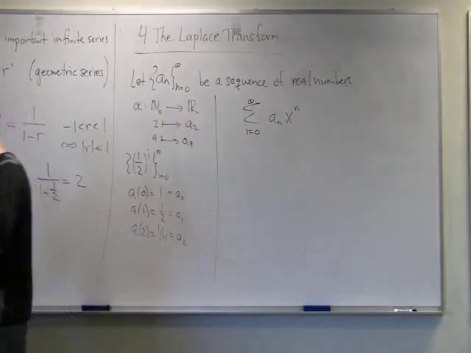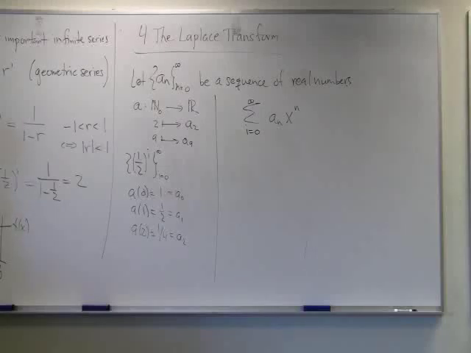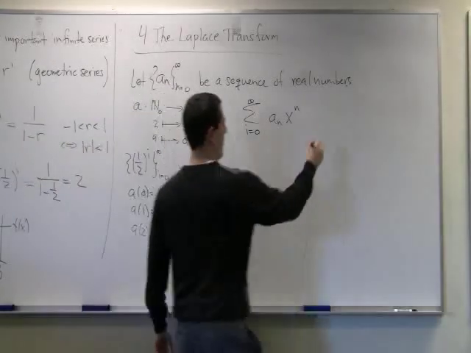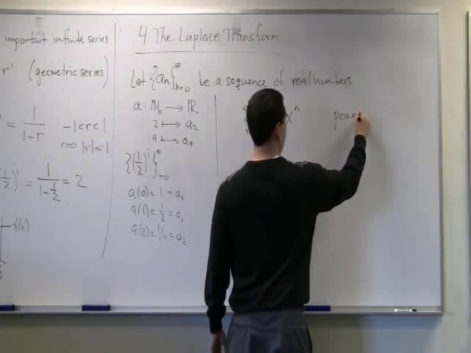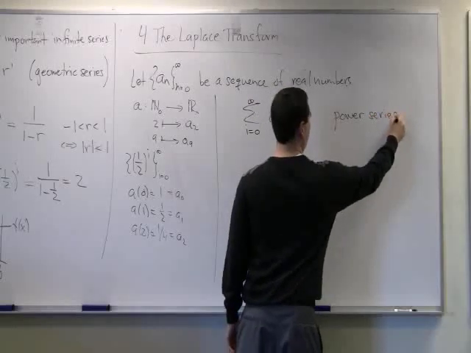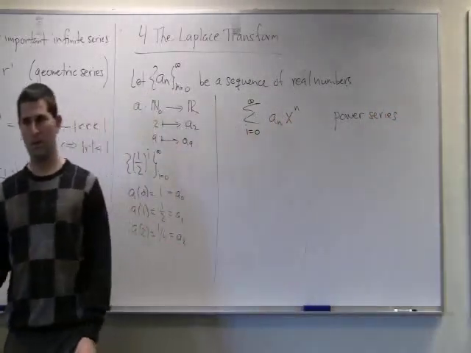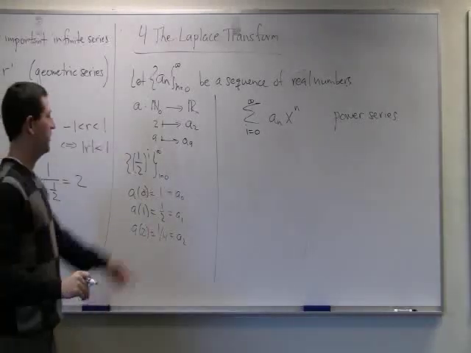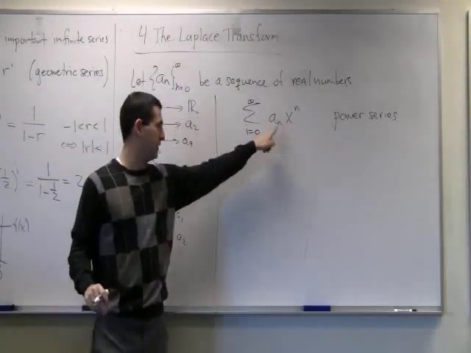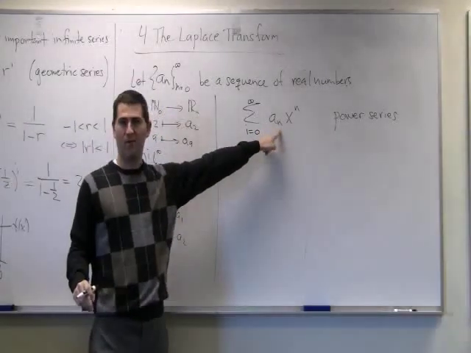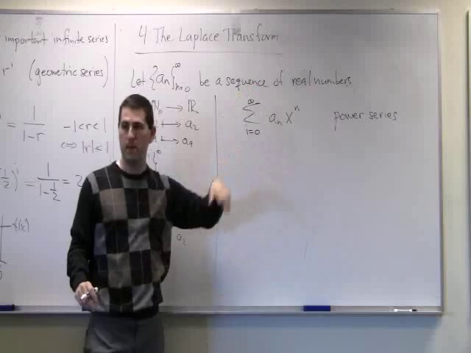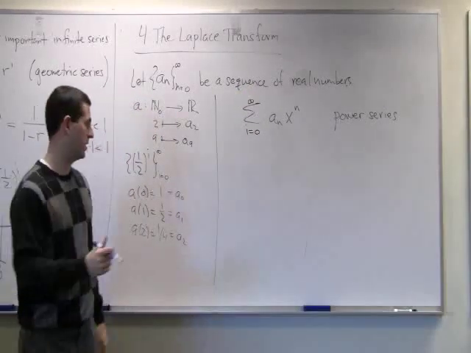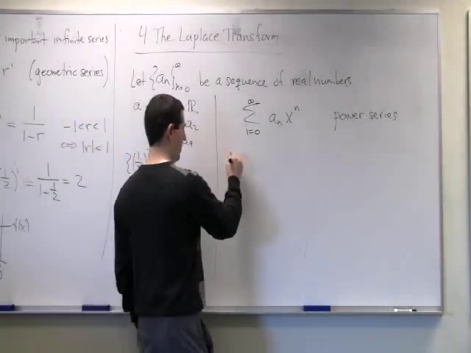This is a power series, we might say about 0. So if I start with any sequence, I can write down a power series whose coefficients are the terms of that sequence. So for instance, let's say I have the following sequence.